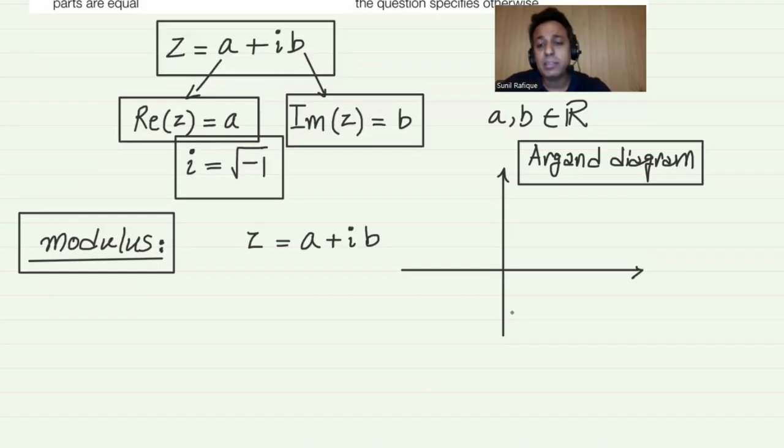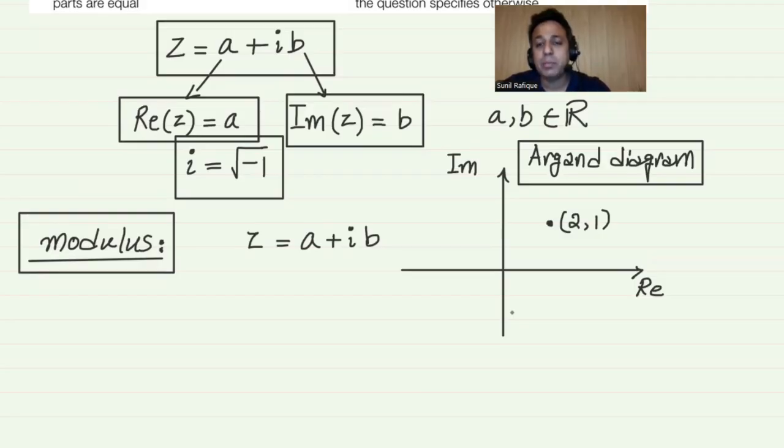But in this diagram, the x-axis has a name. We call it the real axis. And similarly, the y-axis has a name. We call it the imaginary axis. And any coordinate that you see on this diagram, for example, if you see (2, 1), remember, it's not a coordinate like a Cartesian coordinate (x, y).